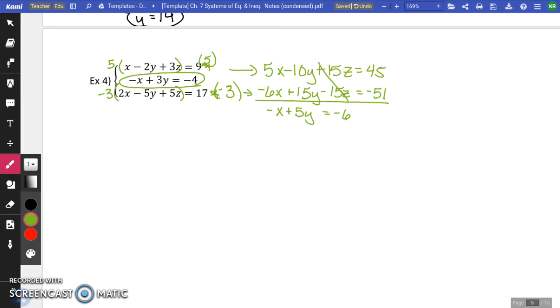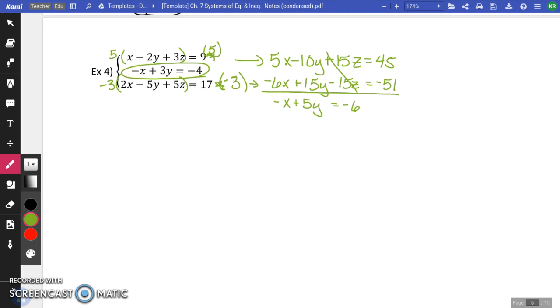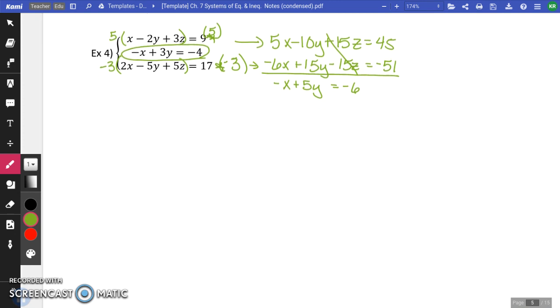Now that second equation and this new equation I just found, I'm going to put those two together. So I'm now going to bring down this middle equation and put it here. So negative x plus 3y equals negative 4.